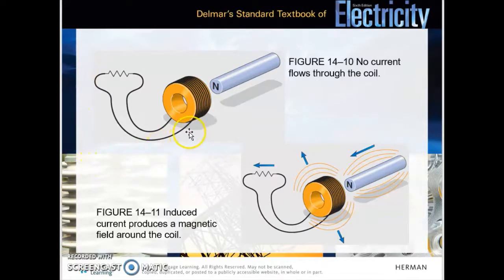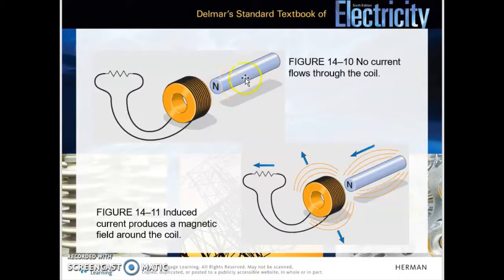And here we have another setup. We've got a coil of wire, no external voltage is connected to it. We have some sort of a load here. And in this top version, the magnet is stationary. There's no movement. There's no cutting action. We saw earlier that the speed of the cutting action is one of the three factors.